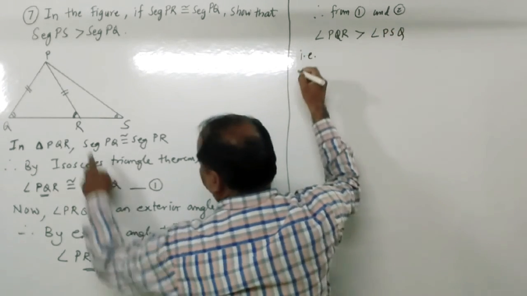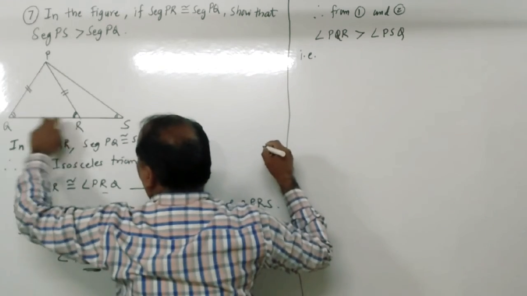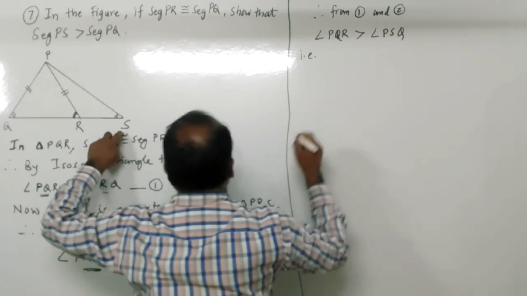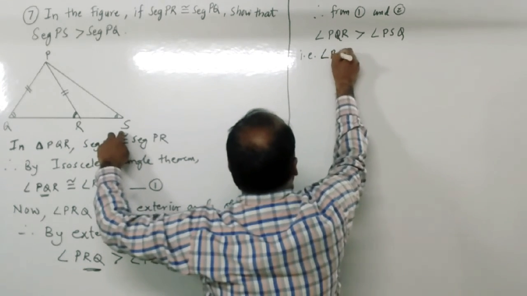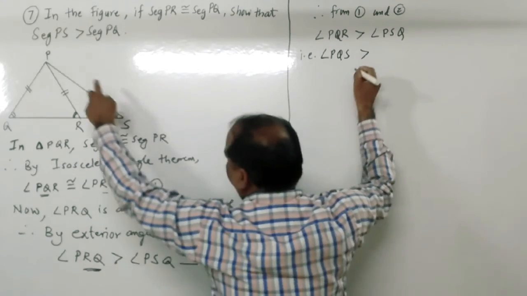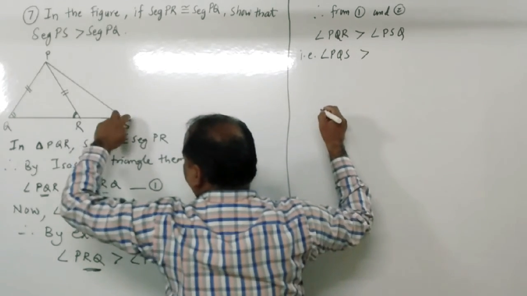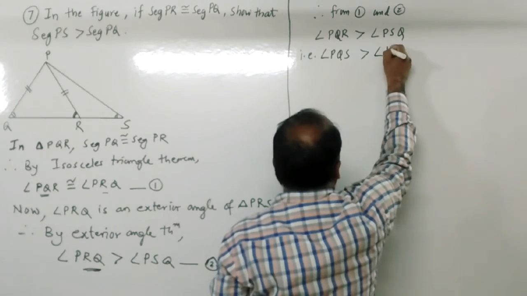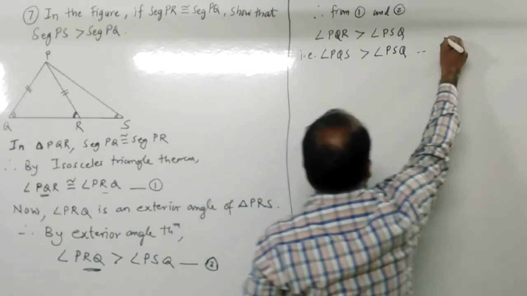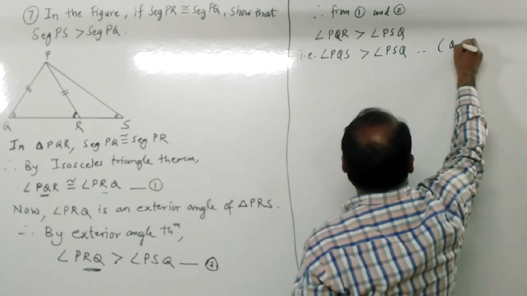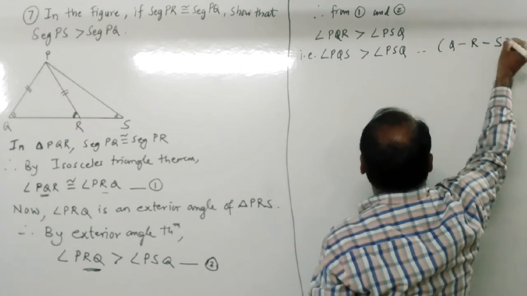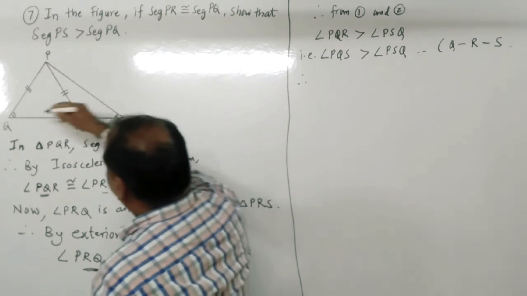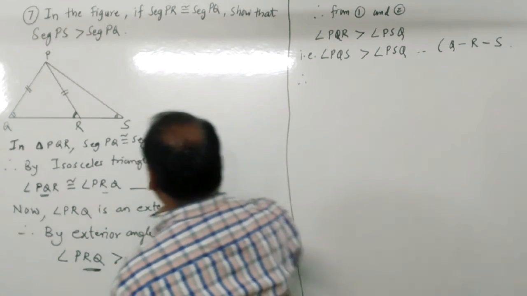That is, this angle PQR is equal to angle PQS. That is, angle PQS is greater than angle PSR, which we can write as angle PSQ. Therefore, now this angle is greater than this angle.